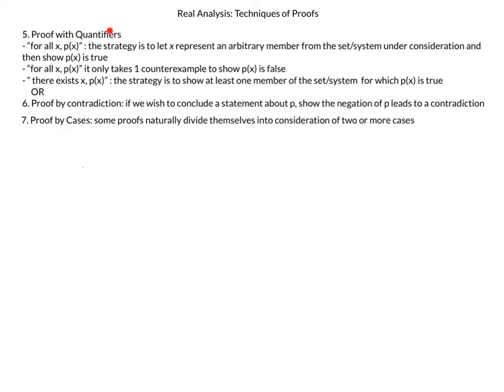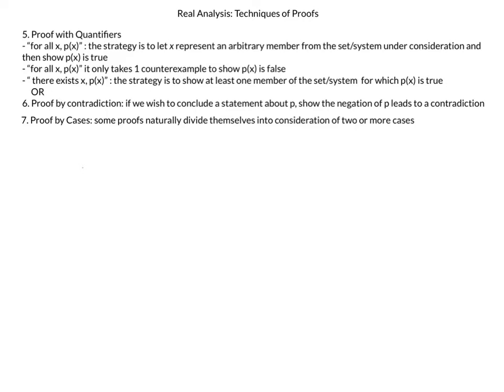The first, proof with quantifiers. Once we have quantifiers in a statement of for all x, p of x, and sometimes the for all x is implied, our strategy is to let x represent an arbitrary member. So this can represent any member from the set or system under consideration, and then we show that p of x is always true.